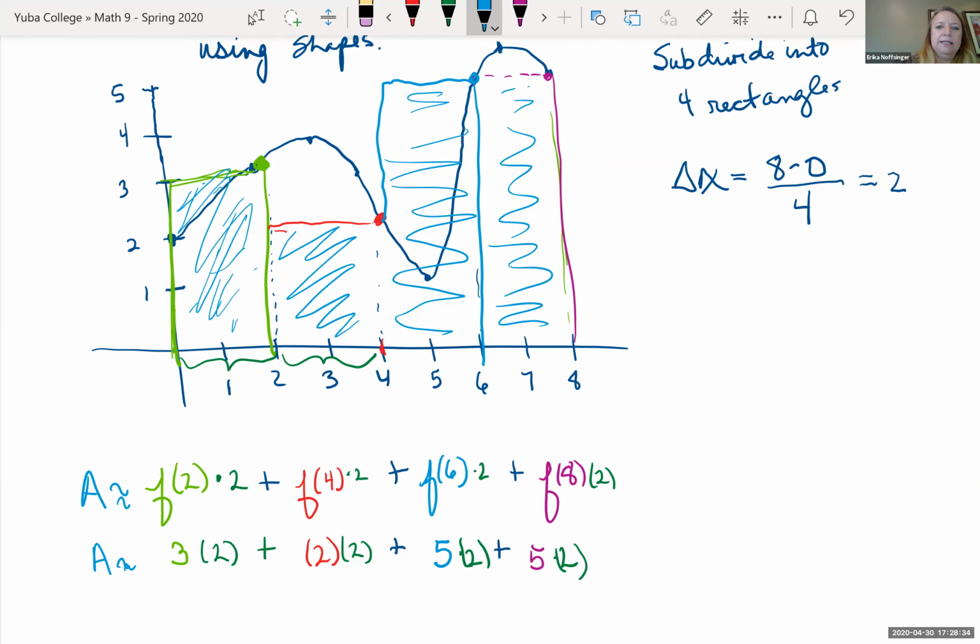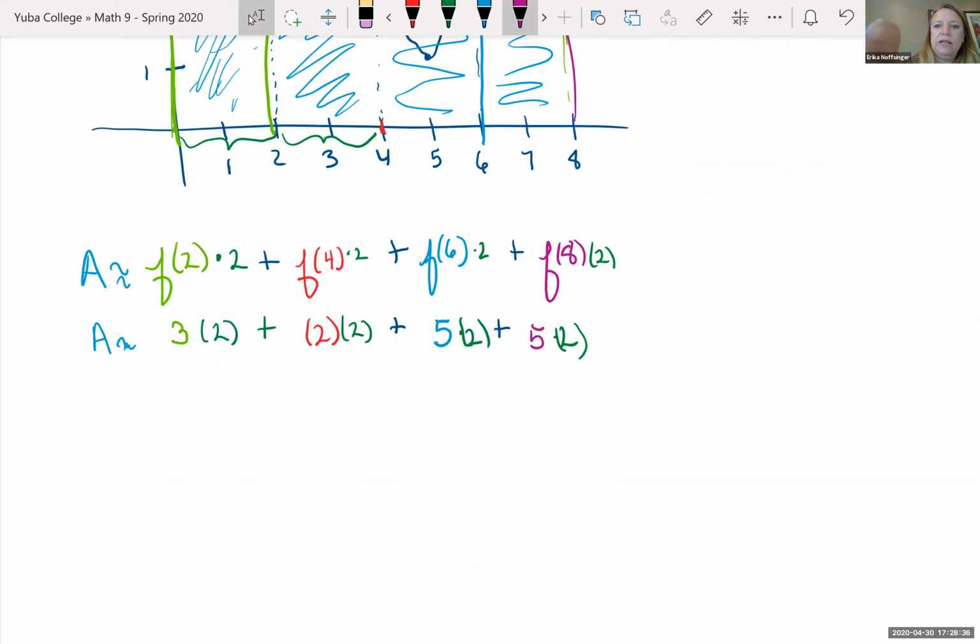But if we put it all together, this gives me 6 plus 4 plus 10 plus 10. So this gives me 10 plus 10 plus 10, so approximately 30. I don't know what my units are, units squared.